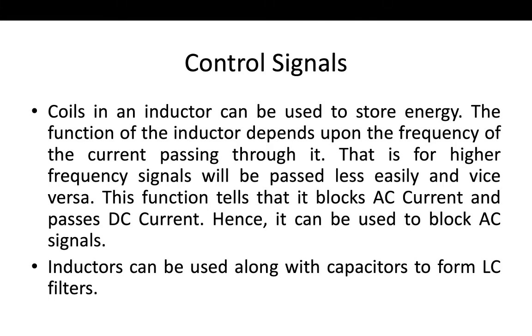So this is called controlling the signal. You can also say it is the controlling of the current, because if in electronics we are talking about filters, then filter means we are trying to control something. It can be frequency, type of current, flow of current, anything.